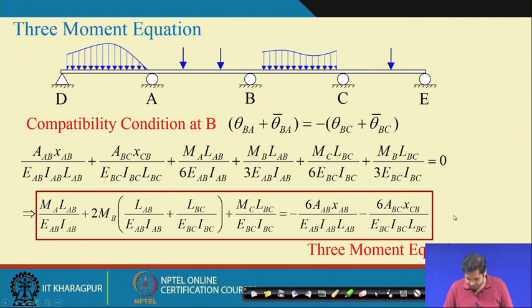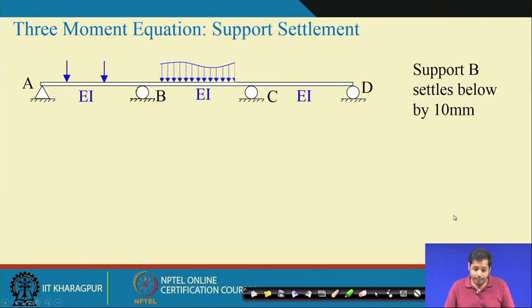Now, this is the 3 moment equation. Another important part in the 3 moment equation is the support settlement. Suppose in a continuous beam, any support settles, meaning there is a displacement in the support. That could be because of a construction problem, the sinking of the structure, or the settlement of the soil; it could be anything.